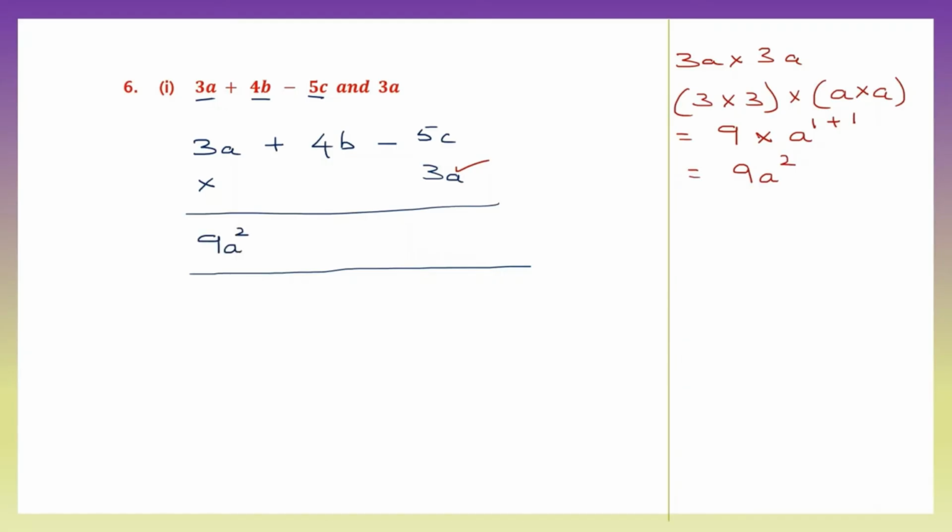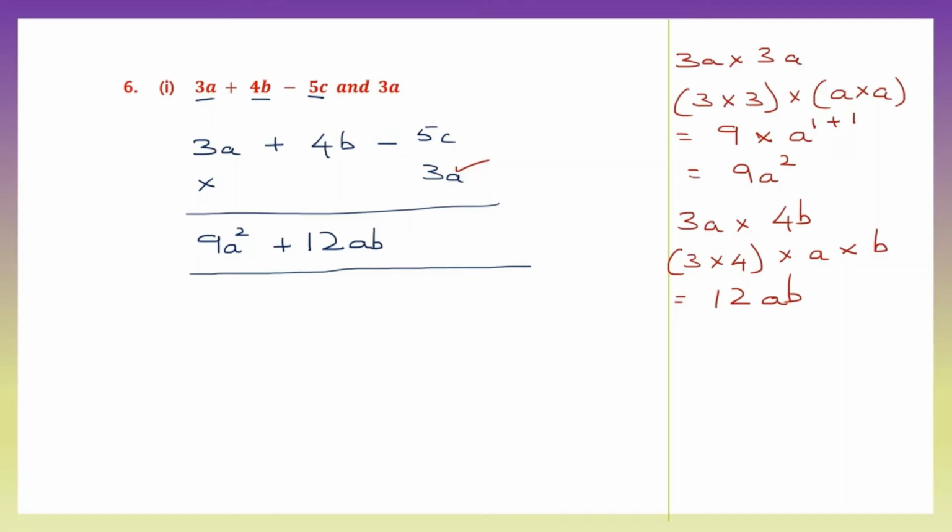Now we're going to go on to 4b. So let's multiply 3a into 4b. So the numbers first, 3 into 4 into, there's 1a and there is 1b. So this becomes 3 fours are 12ab. So that is plus 12ab. Now we finish with this.